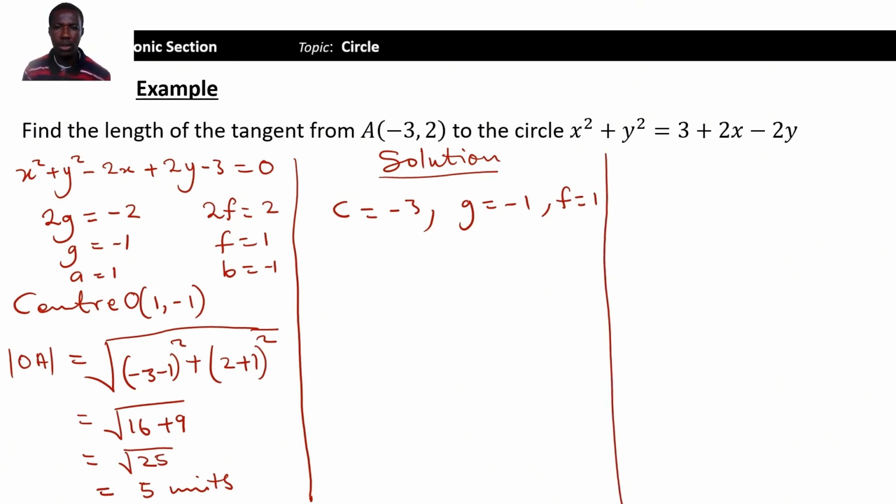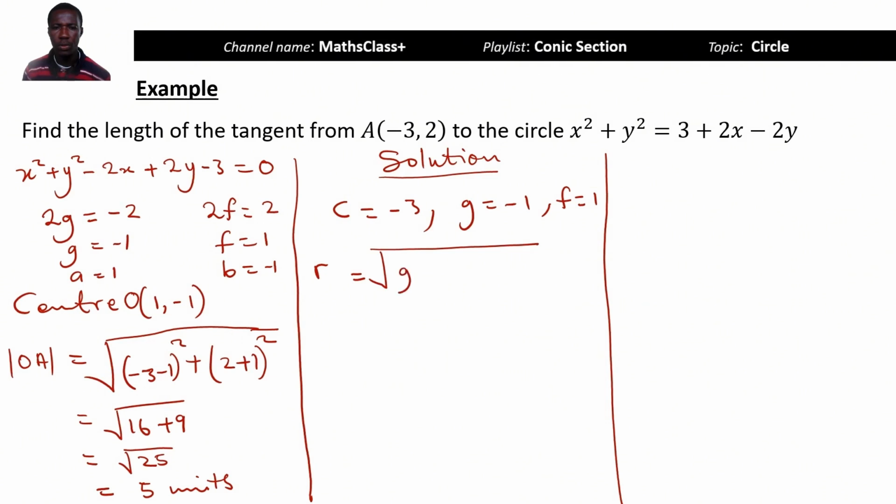With these values, we will be able to find our r. So r will be the square root of g squared plus f squared minus c.